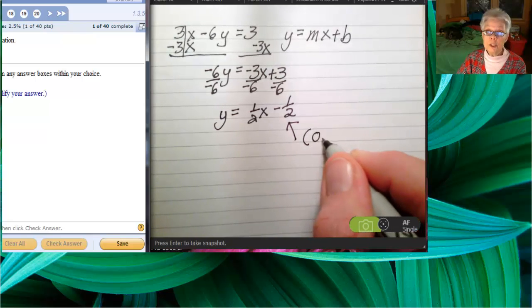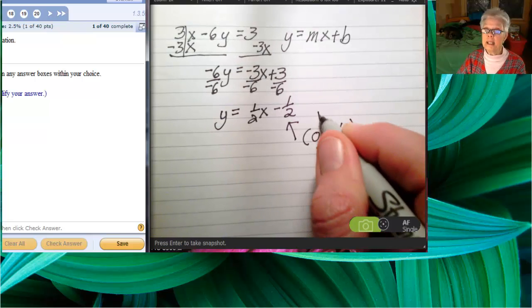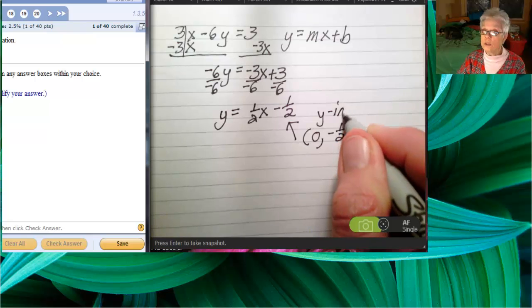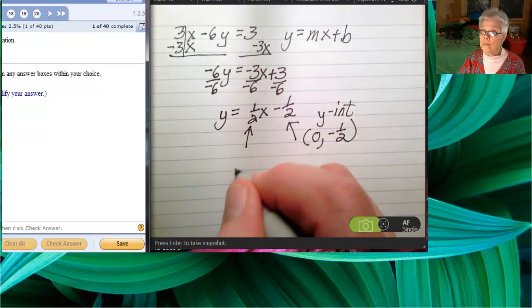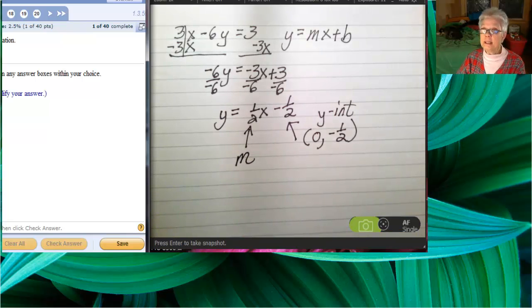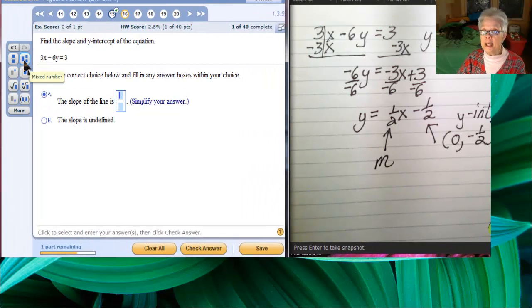Now the y-intercept, that is the y-coordinate of the y-intercept, is negative 1/2. Always write it as a point, please. The slope is the number in front of x, which is 1/2. So let's put this information in the answer box. The slope is 1/2.